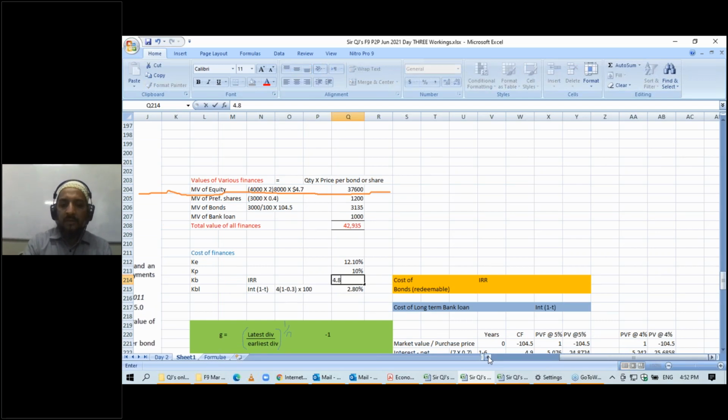So putting 4.8% over here. Now we are in position to calculate the weighted average cost of capital. So our weighted average cost of capital is as follows.